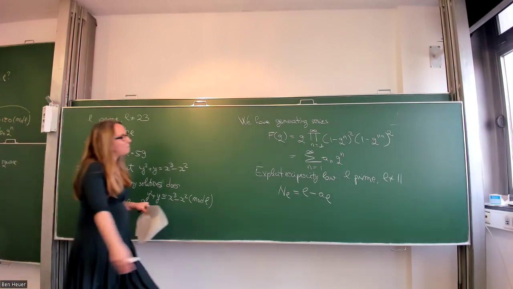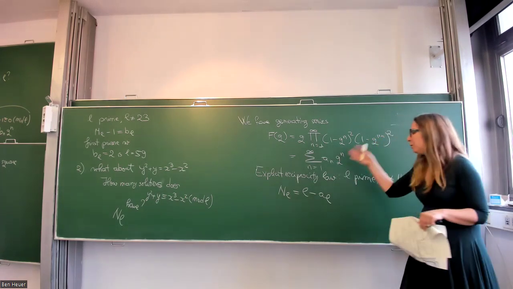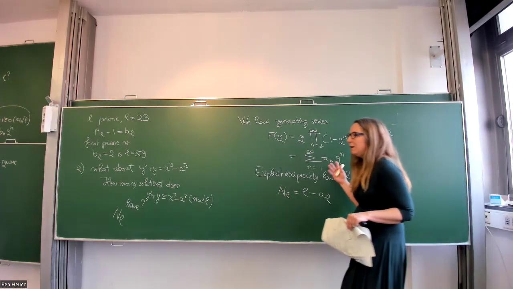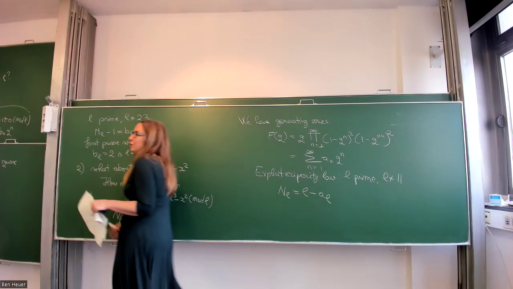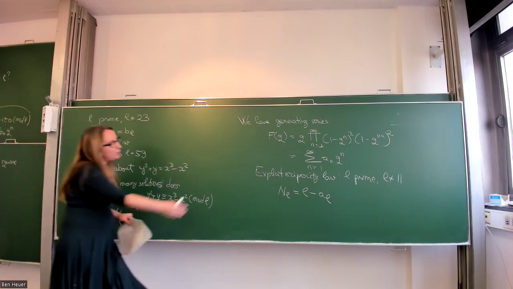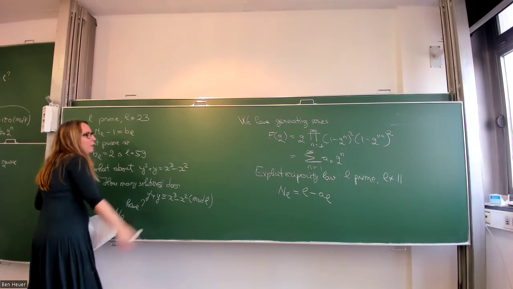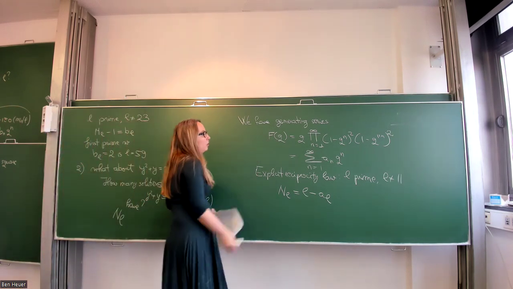And then these generating series that I'm writing down in this variable q are actually Fourier expansions of certain highly symmetric functions on the upper half plane that are called modular forms. And this reciprocity law is really saying that this elliptic curve is associated to somehow this modular form.